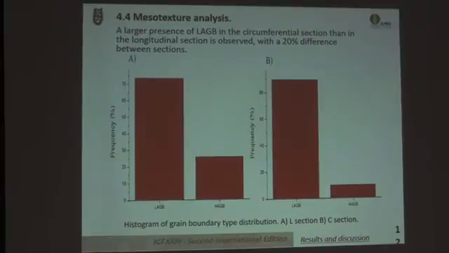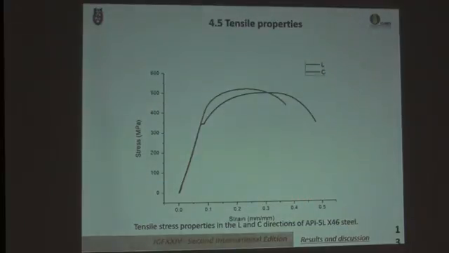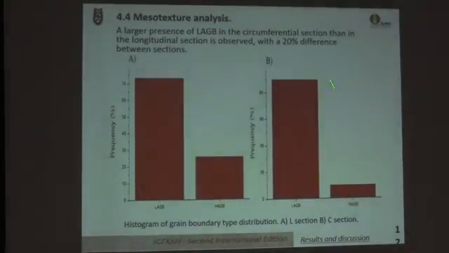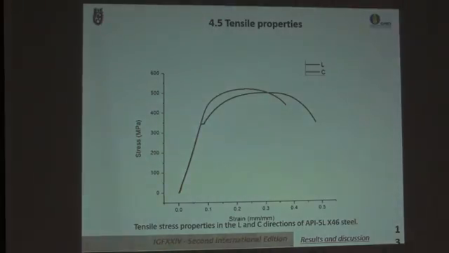We have the mesotexture analysis, and we have the difference between the low angle grain boundaries and high angle grain boundaries in the longitudinal direction and circumferential direction. It's around, as you can see, 20% of difference between the two directions.